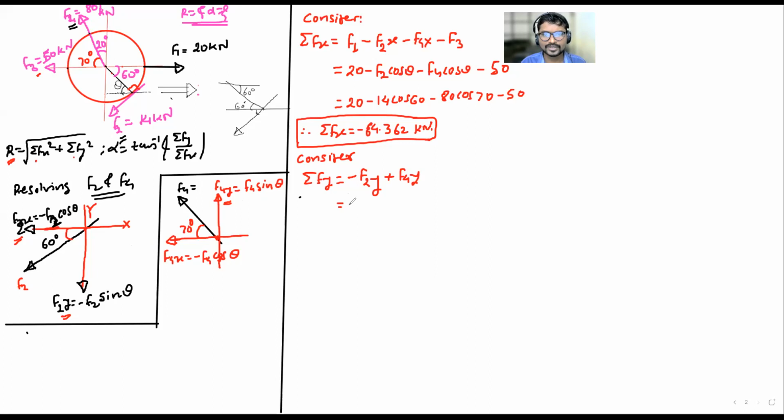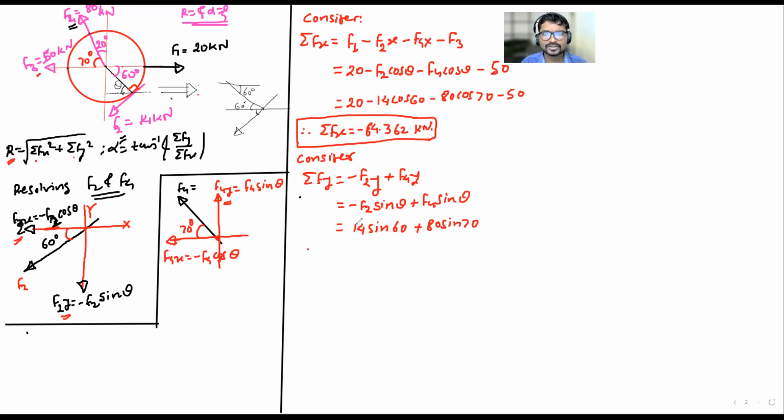So that is minus F2y, which means F2 sine theta, plus F4y, which means F4 sine theta. That is F2 is 14 sine of 60 plus F4 is 80 sine of 70.